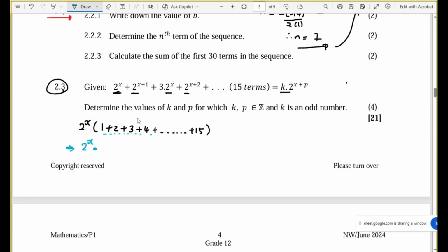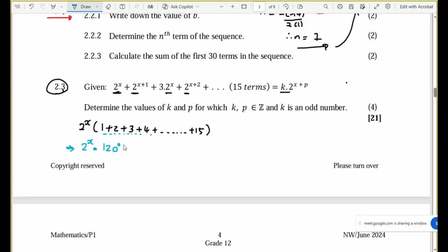Tell me, what do you get when you add all those numbers, up to 15? Thank you very much. So this will be times 120.